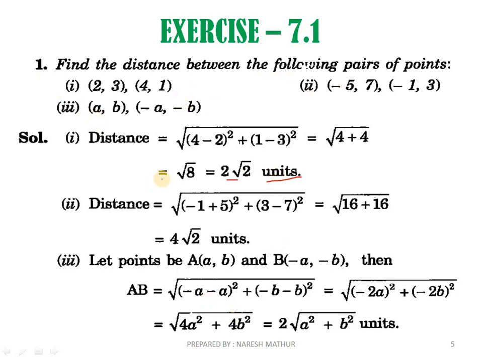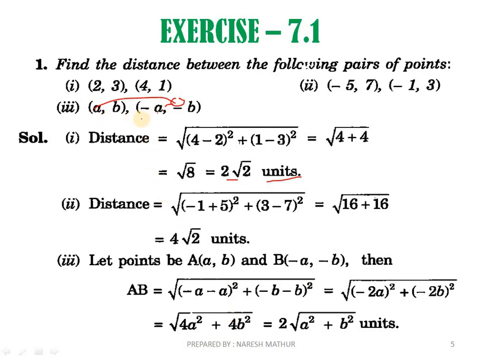In the third one, see (a, b) and (minus a, minus b). So we write minus a minus minus a, that is x2 minus x1. That's why minus a is coming, and similarly minus b. So we are getting minus 2a whole square, which is 4a square, and minus 2b square, which equals 4b square.